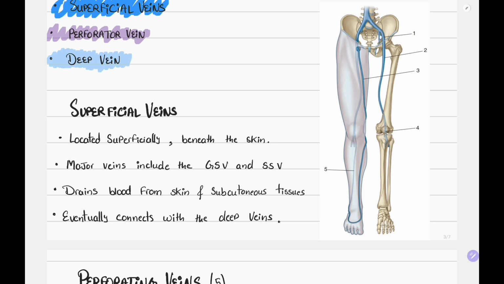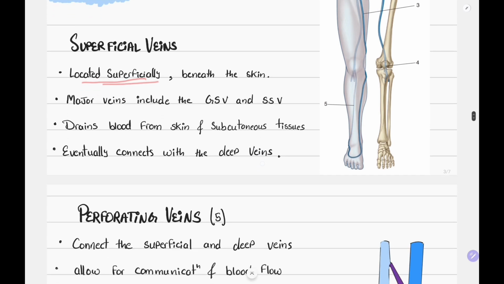So the third vein here is our great saphenous vein, and the fifth vein is our small saphenous vein. As you can see, both the great saphenous vein and small saphenous vein are located superficially.